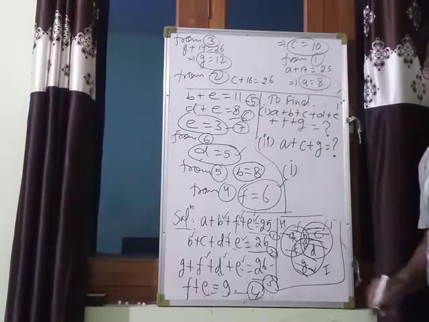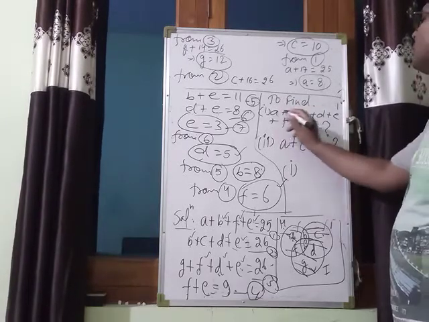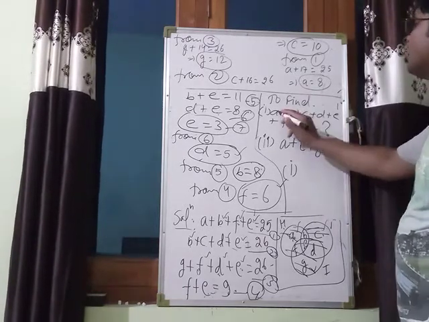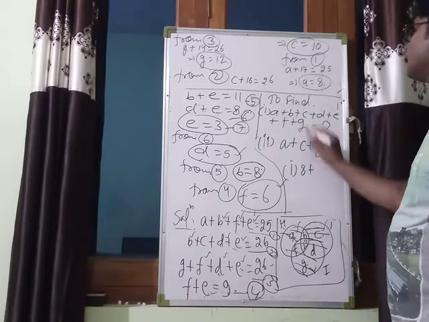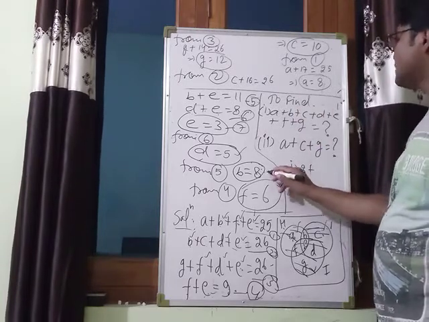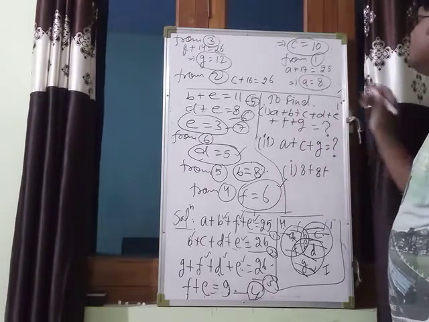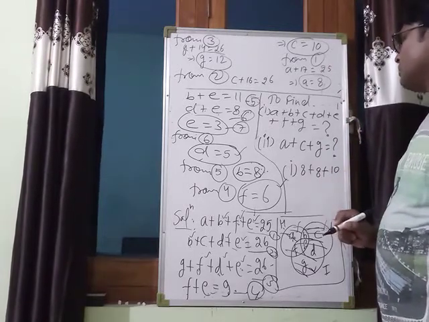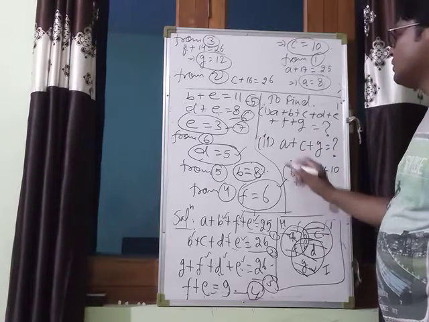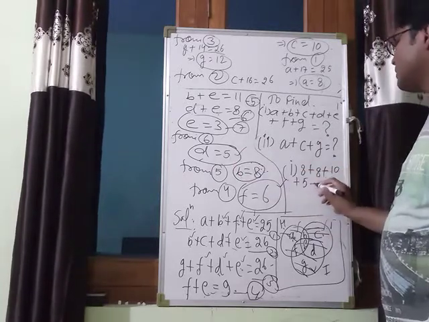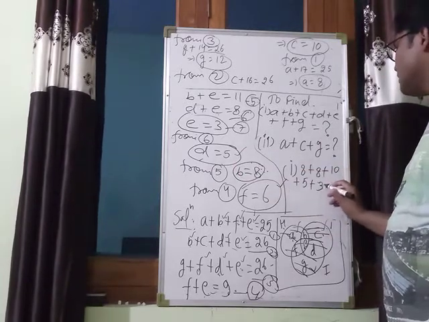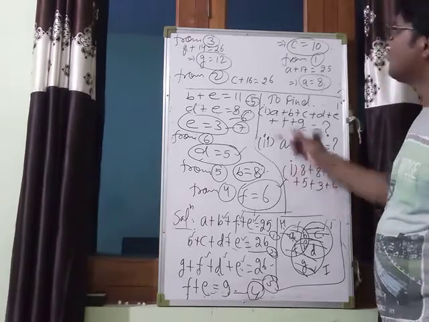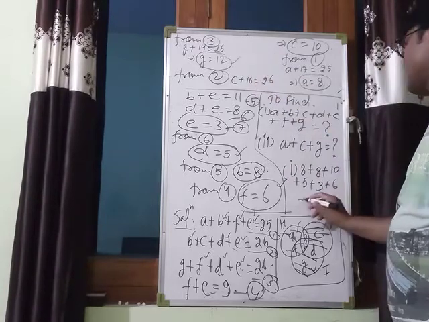This is the first question: A plus B plus C plus D plus E plus F plus G. A is 8, plus B, which is also 8, plus C, which is 10, plus D, which is 5, E is 3, F is 6, and G is 12.